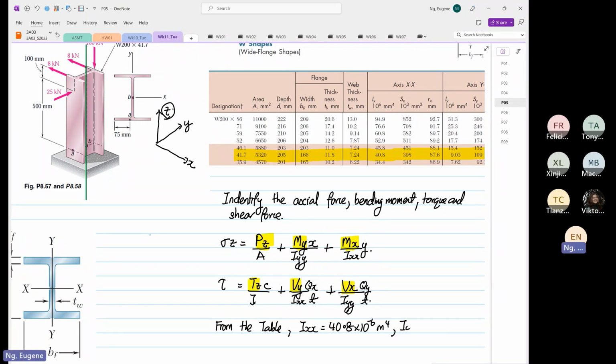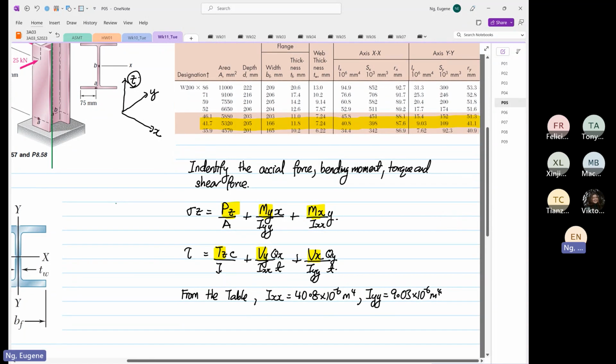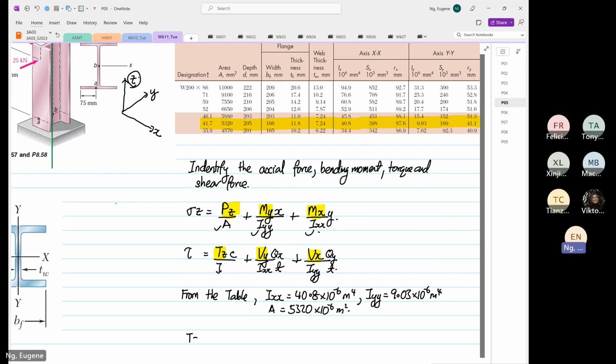We know our Iyy is equal to 9.03 times 10 to the power minus 6 meter 4. And we also know our area, which is equal to 5320 times 10 to the power minus 6 meter squared. Okay, so we know this, we know this, we know this. We also know that torque in the z direction is equal to 0. We know this, so this you can ignore.